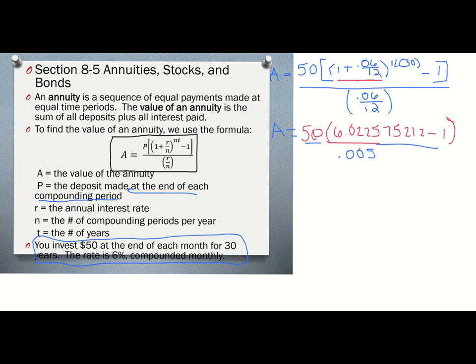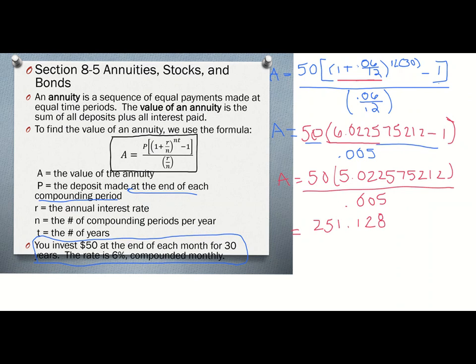So when I subtract my 1, I end up with 50 times 5.022575212, and that's all divided by 5 thousandths. So when I take my top number and multiply it by 50, I end up with 251.1287606 on the top, divided by 0.005.